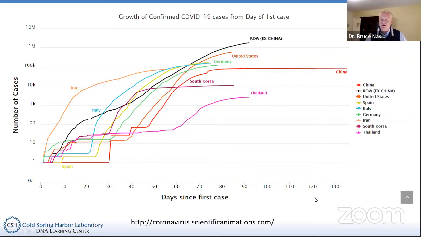Depending on how those societies or places react, the rate of infection and the spread can vary quite a bit. Of course, in the United States, and especially in the New York City region where I'm at, there have been many, many cases. And this has been proven to be quite a challenging virus indeed.